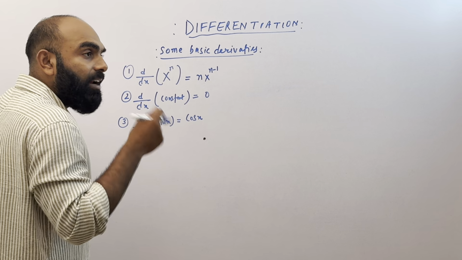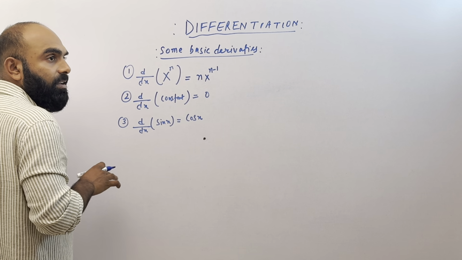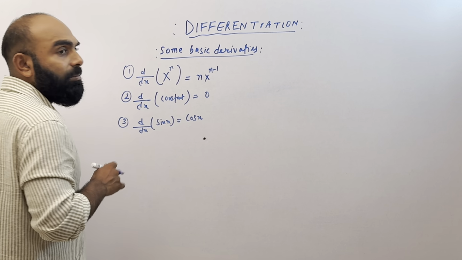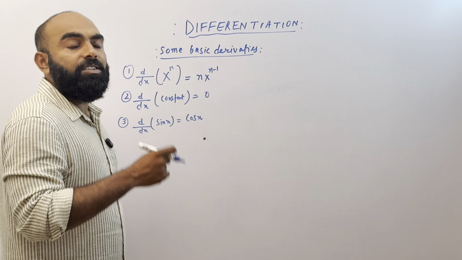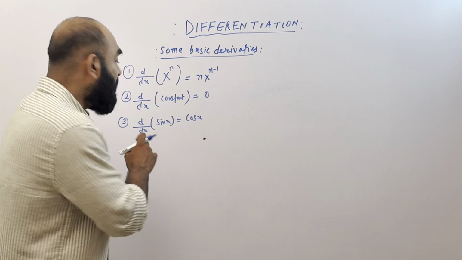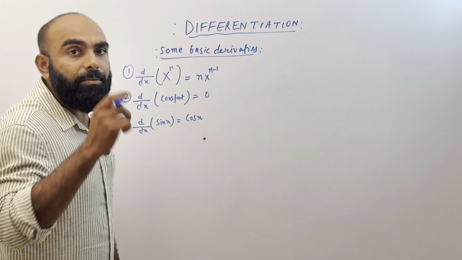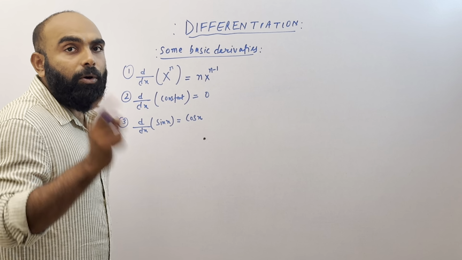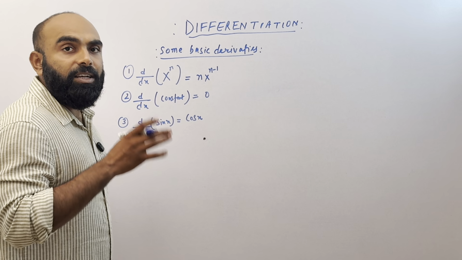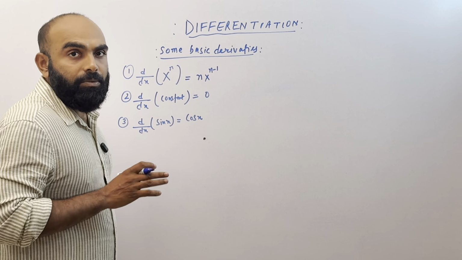Just write it down and remember it. Sir, where are all these things coming from? You don't have to know how d by dx of sin x comes to be cos x. Just remember it. For your board examination, this much information is required to solve your problems.